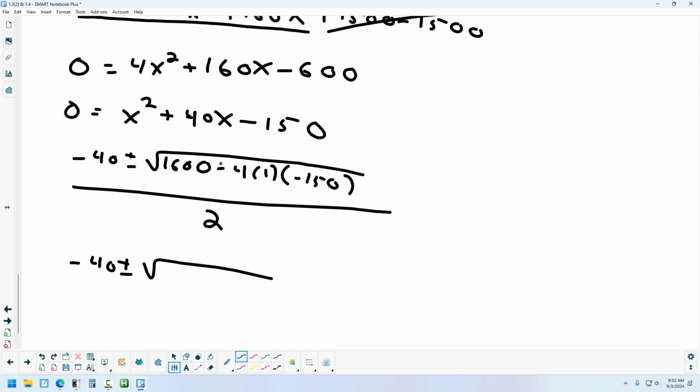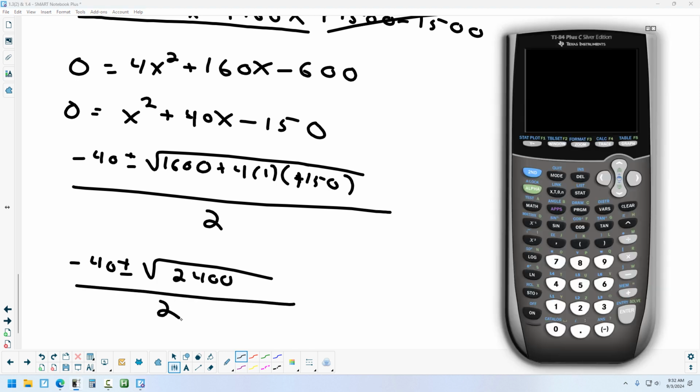Okay, we are subtracting a negative, so we can turn those into a plus. What's 4 times 150? 600. And what's 600 plus 1600? 2200.